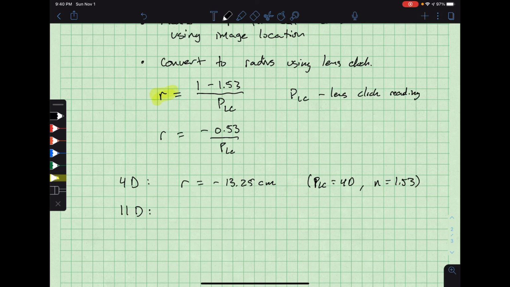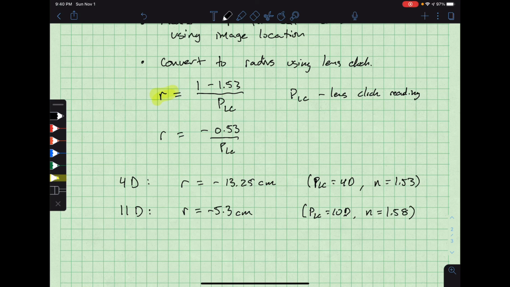However, the 11 diopter SSRI does not have that same index of refraction, so its radius is actually 5.3 centimeters, because the lens clock reads 10 diopters, and the lens actually has an index of refraction of 1.58.